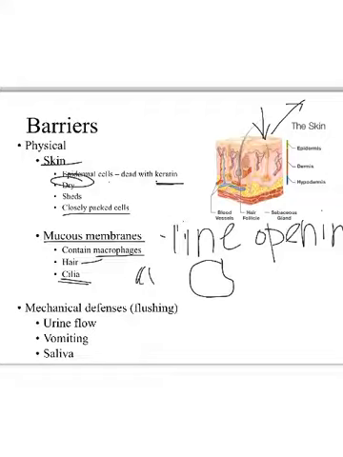We also have mechanical defenses and flushing. Every time we urinate, that flushes out the urethra. Vomiting will help remove things if you eat something bad. Saliva has enzymes in it, a lysing enzyme that's going to help protect your teeth.